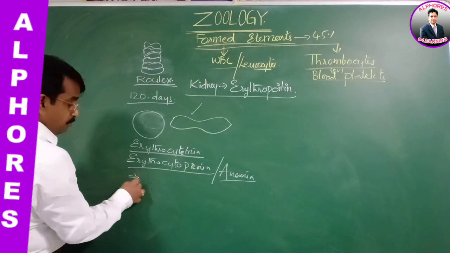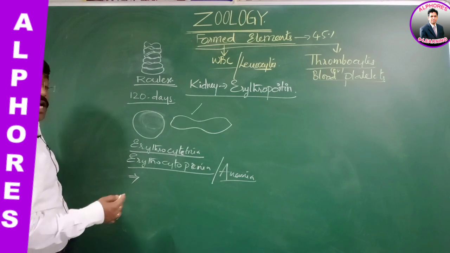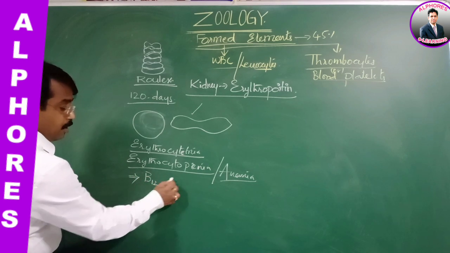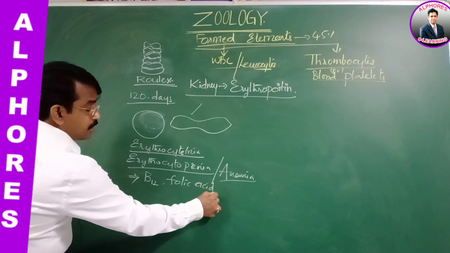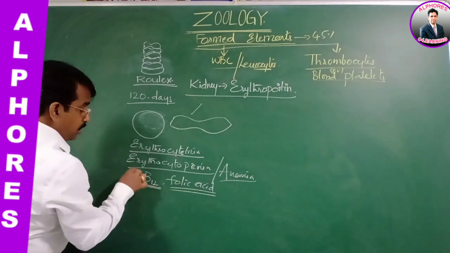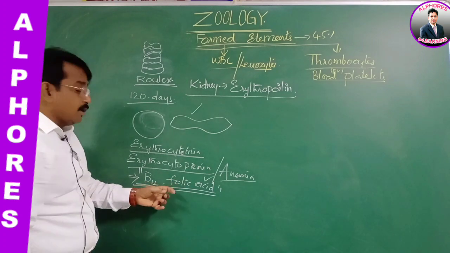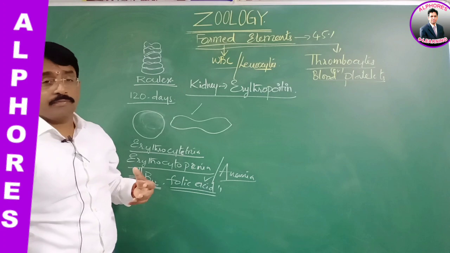Erythropoiesis is the maturation of RBC, and it is done by means of vitamin B12 and folic acid, which are essential for the maturation of RBC or RBC production.